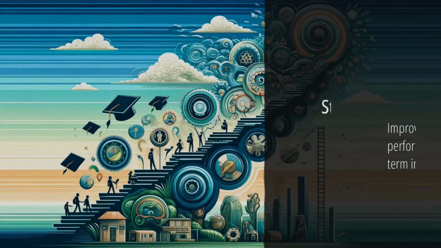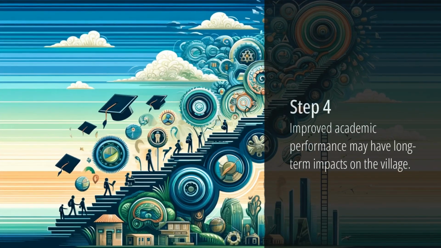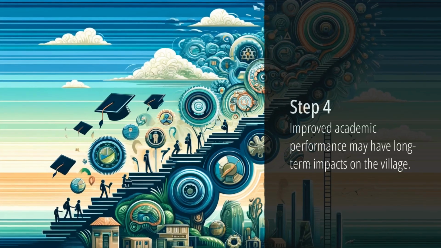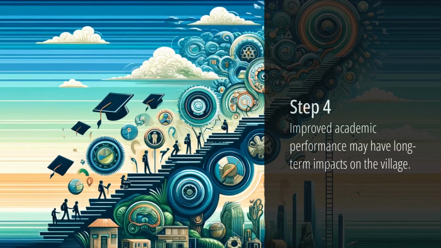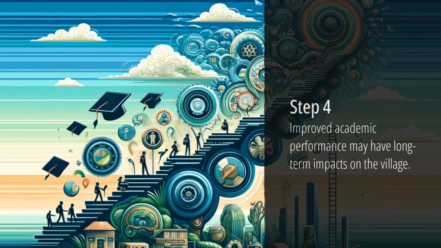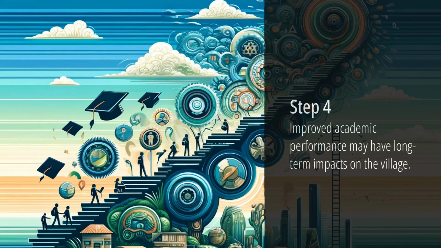Step 4. Improved academic performance may have long-term impacts on the village. Students who perform well in their studies may be more likely to pursue higher education or vocational training, expanding their career opportunities. This, in turn, can contribute to breaking the cycle of limited access to education in the community.